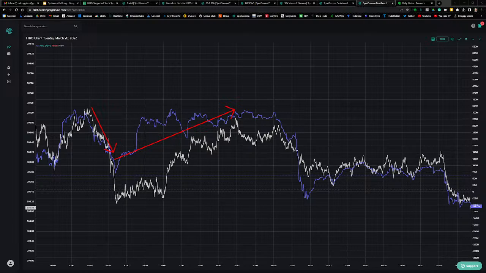So Hero, let me redraw that. Hero makes a sharp move higher, and then price responds higher. So that's right around 10:30, 10:35. Let's go take a look at that. Then Hero makes a sharp drop and price starts to move lower around 12.